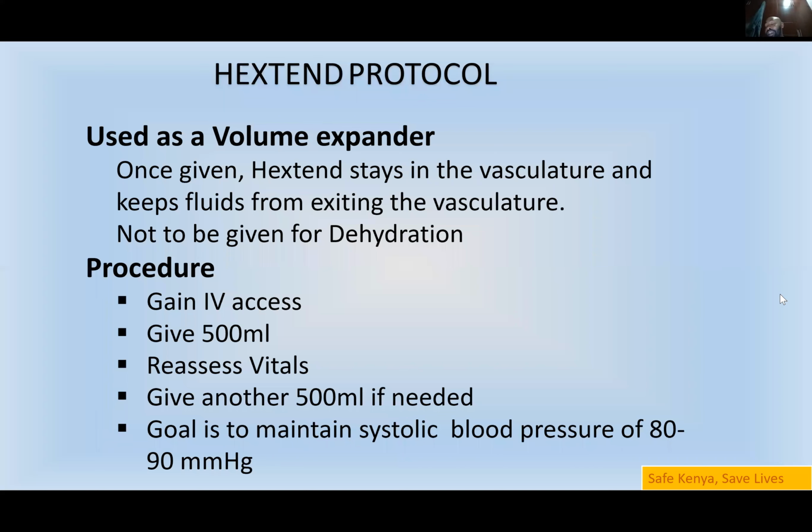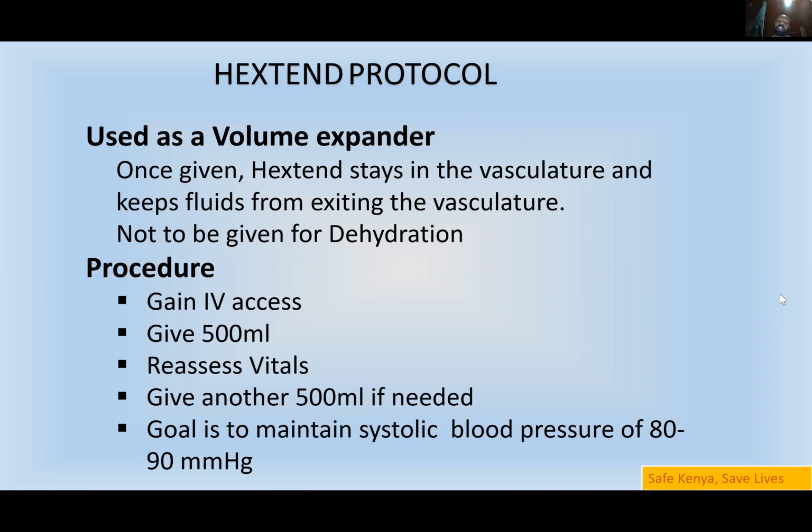I'm going to ask Jake how long after the first dose of Hextend before we give the second one. 30 minutes. Jake's not answering. So we give Hextend, assess the vital signs, wait 30 minutes, reassess the vital signs. For stable patients, we assess the vital signs every 15 minutes. Unstable patients, we assess the vital signs every 5 minutes.